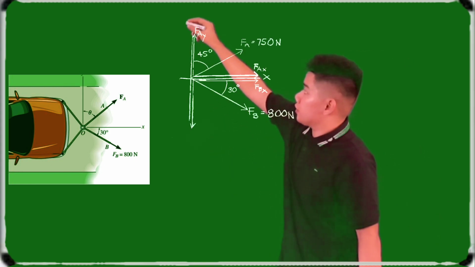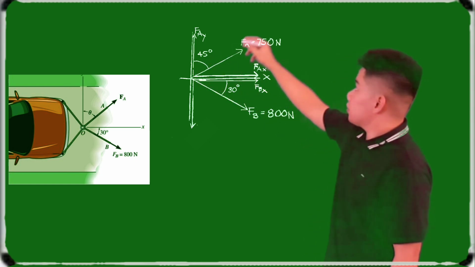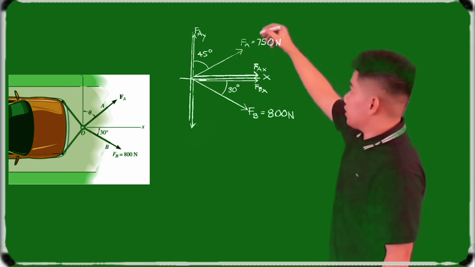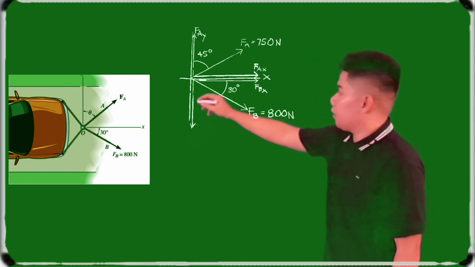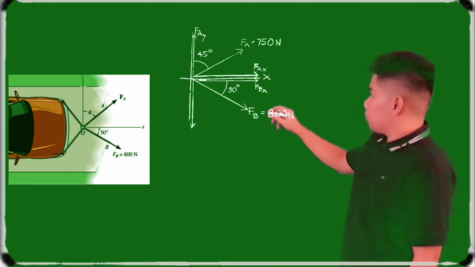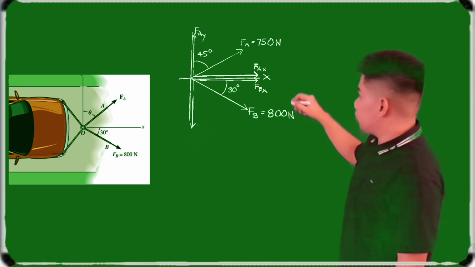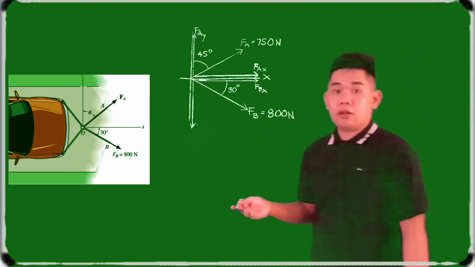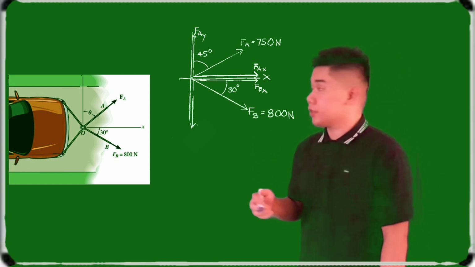We have our y-axis and our x-axis, and our forces: force A, which is equal to 750 Newton, and force B, which has a value of 800 Newton. Then we will redraw every component of every force.